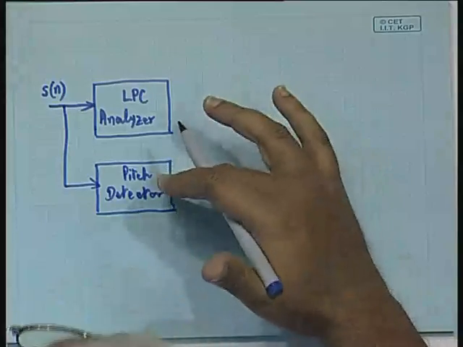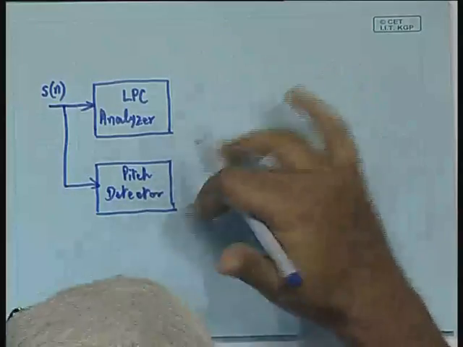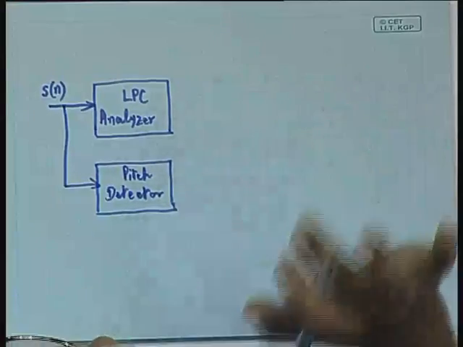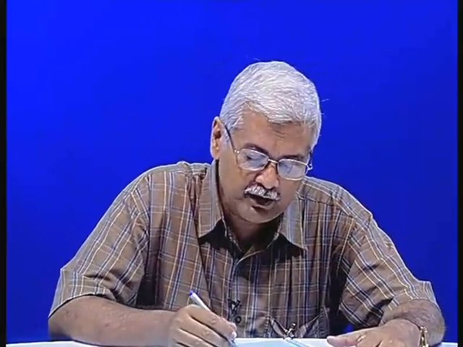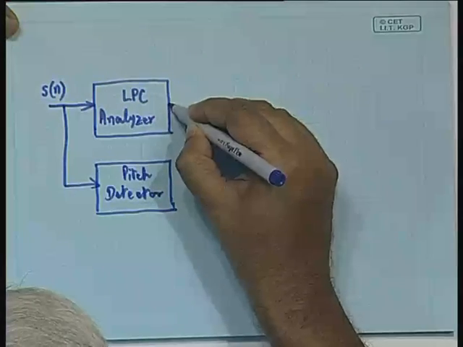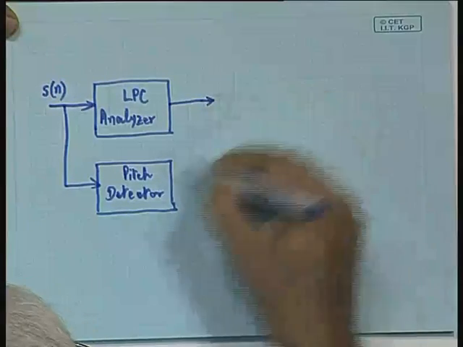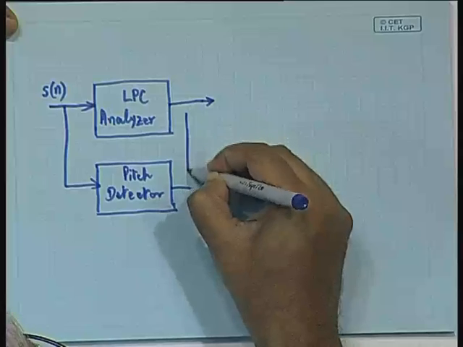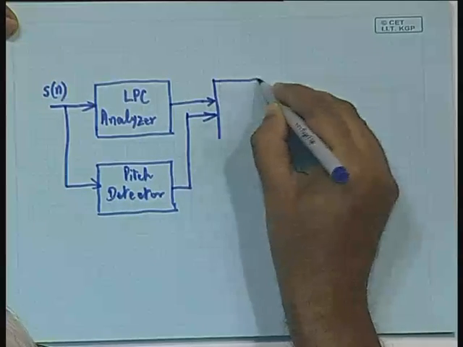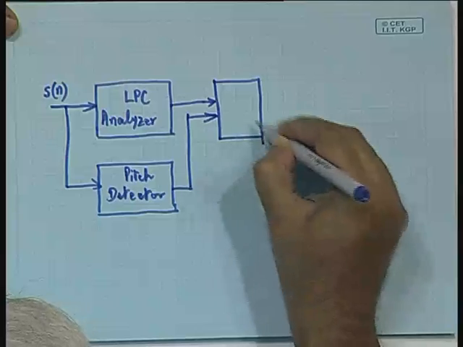So the gain estimation and the voiced-unvoiced flag will come from the pitch detector, whereas the LPC analyzer will send the coefficients. Everything, the pitch detector output as well as the LPC analyzer output, has to be properly coded, so we need to have a coder after this.